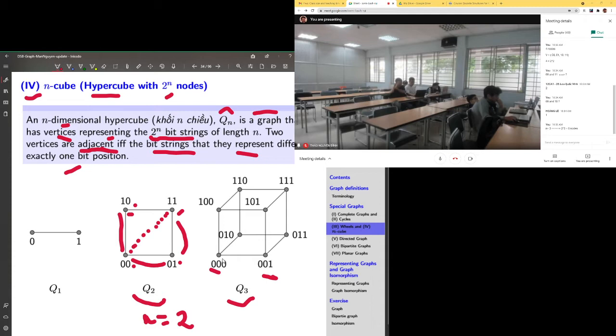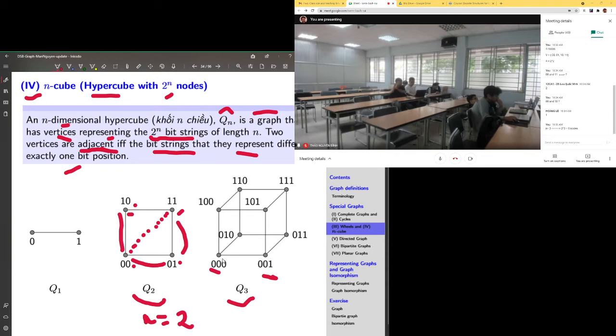Then you can write any node by using abstract notation. I denote by U1, U2, U3, up to Un. Understand me?